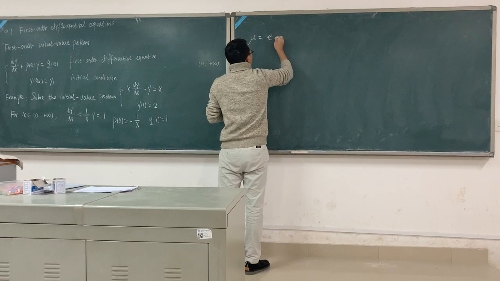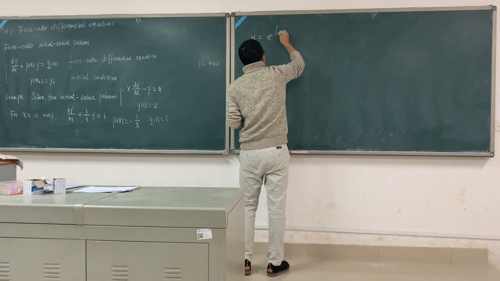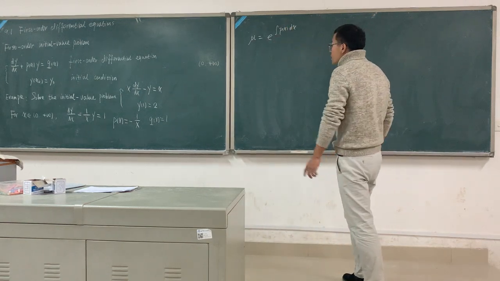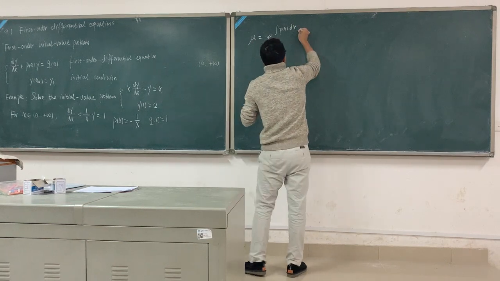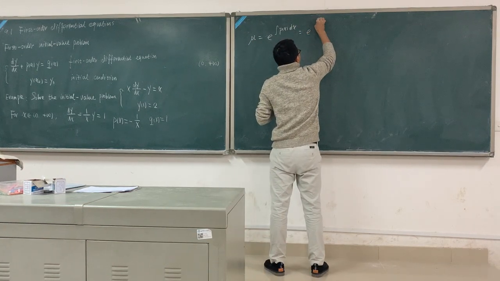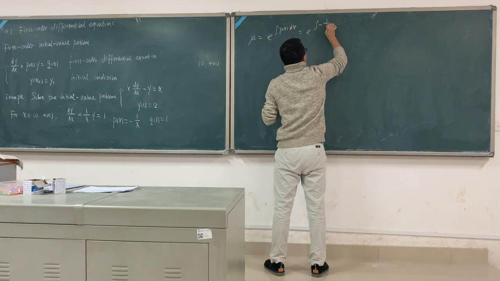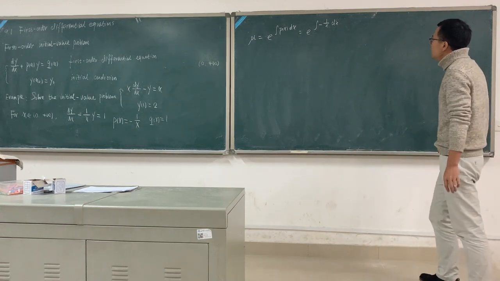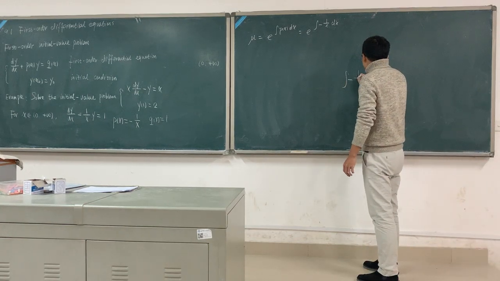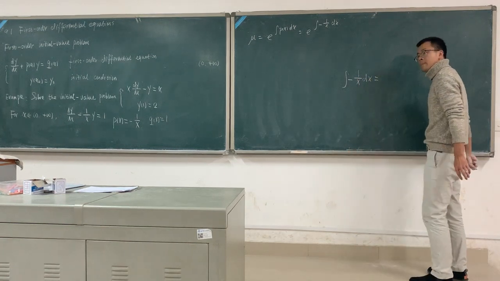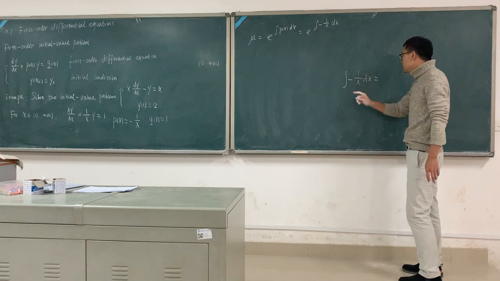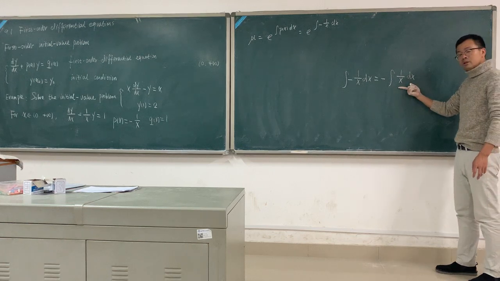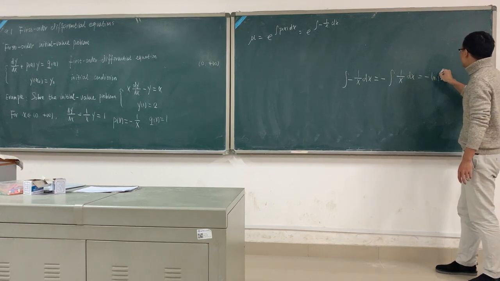Mu is e to the power of the antiderivative of p(x). Here p(x) is minus 1/x, so it is the antiderivative of minus 1/x dx. The minus can move out, so it is minus the antiderivative of 1/x, which is minus log of the absolute value of x.